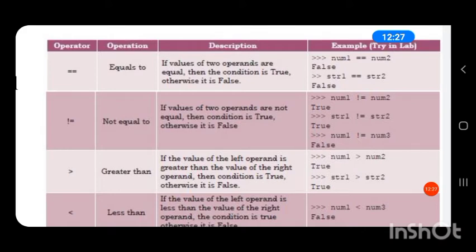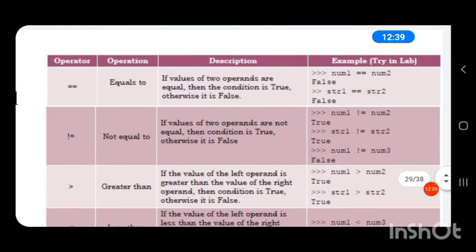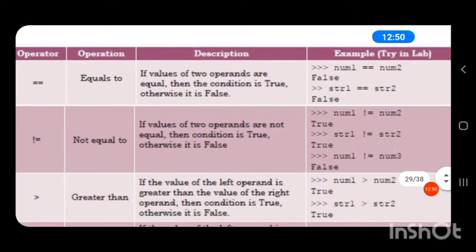So this not equal to symbol is used to check whether two operands are not equal. Here our num1 is 3 and num2 equal to 4. So if we give num1 != num2, then this statement is true because num1 is not equal to num2. So the output is true.